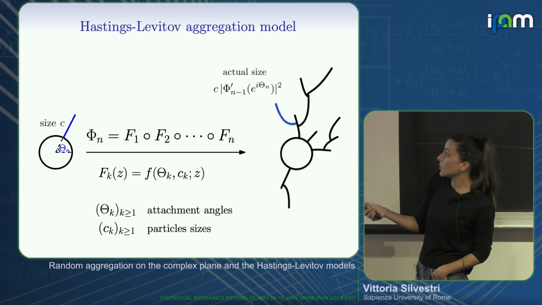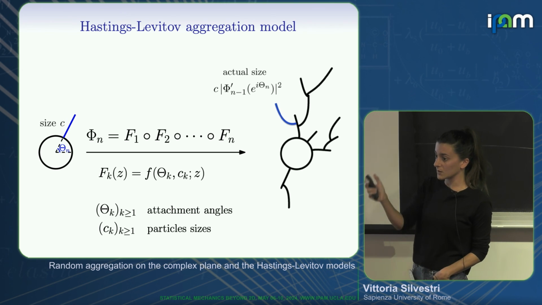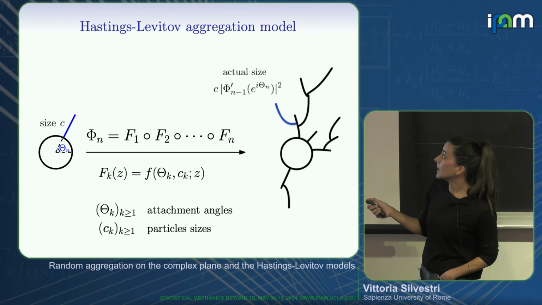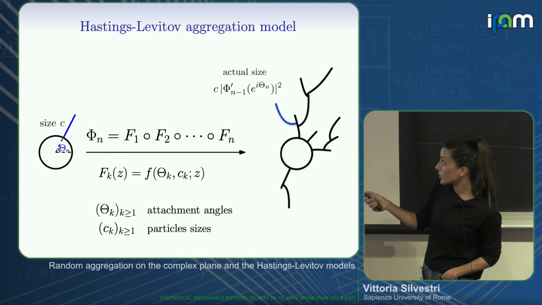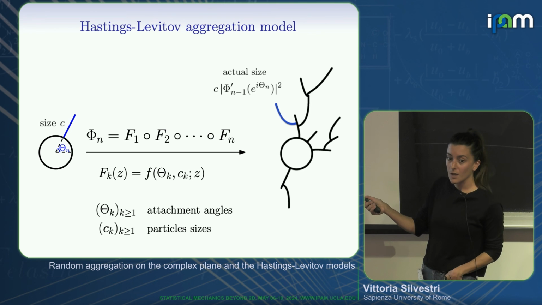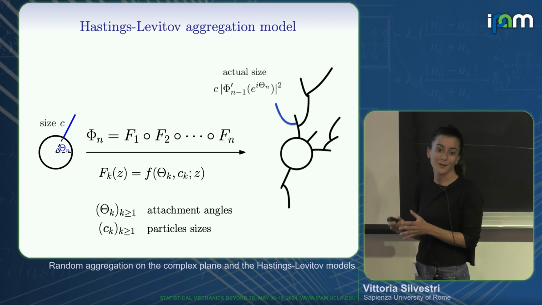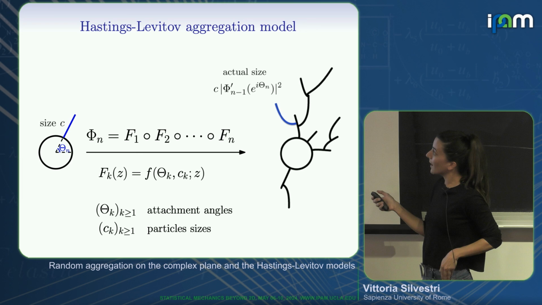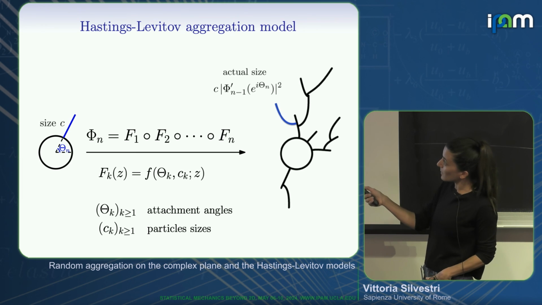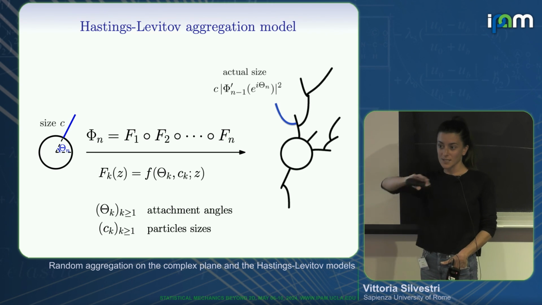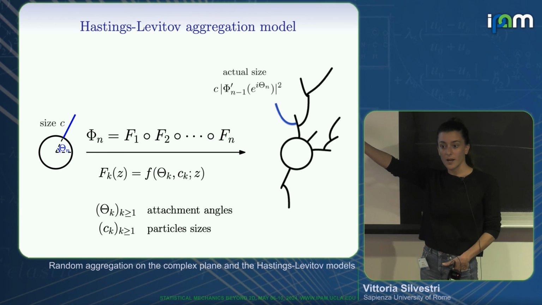And if you think of small particles, so this C is going to 0, the diameter of the particle is going to 0. Well, what's the length of this curve? You just have to integrate along this curve the distortion factor, mod phi prime. And if you use the mean value theorem, which is just heuristic, this is roughly mod phi prime at the arrival point, so at the attachment point. And so that's how the length changes by the regrowth of the previously arrived particles.